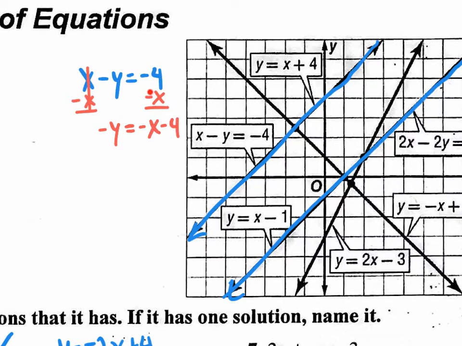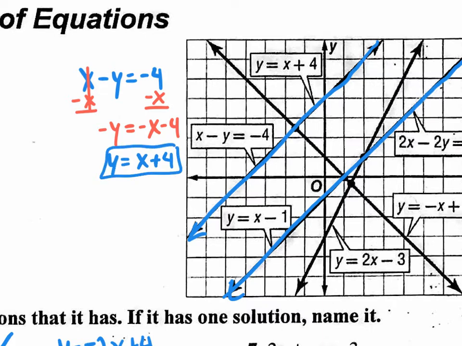Again, you can't combine these, so you just rewrite it, this term first, negative x, and then minus 4. The only other step I need to do is to get rid of the negative sign in front of the y by multiplying everything by negative 1. That just changes all the signs: y equals positive x plus 4. So there's my new equation.